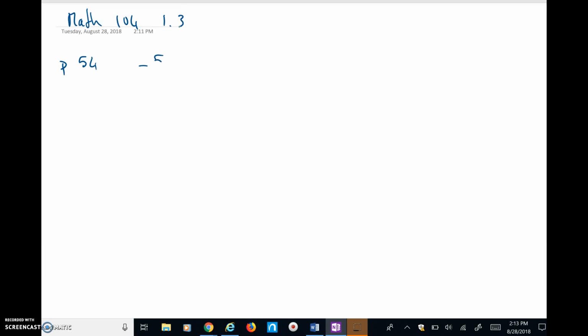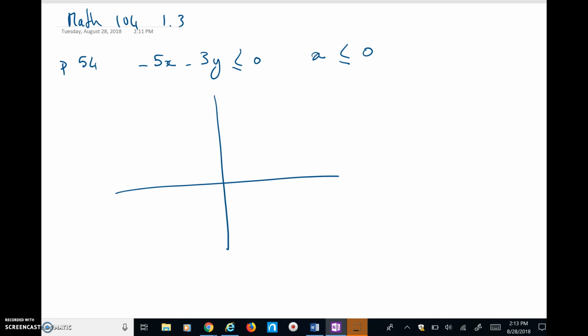So we have minus 5x minus 3y less than or equal to 0, and they're telling you x has to be less than or equal to 0. So first of all, what you need to understand is you have a rectangular coordinate system, and you graph that equation.